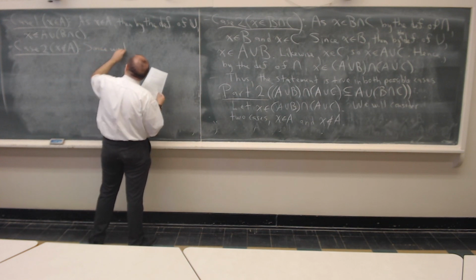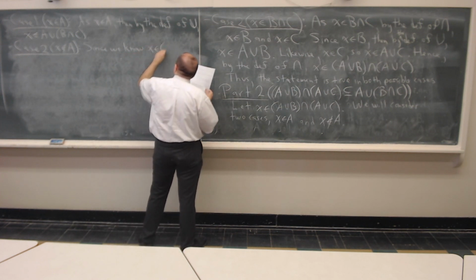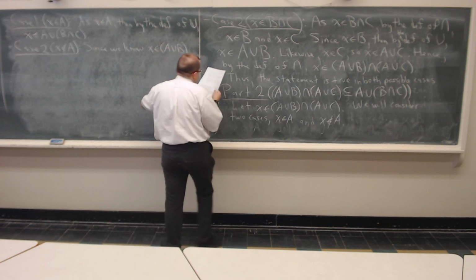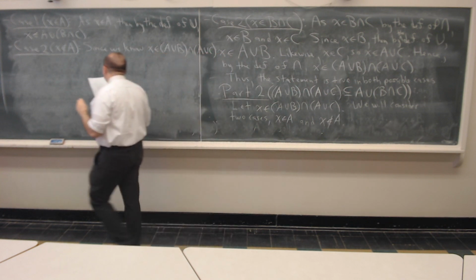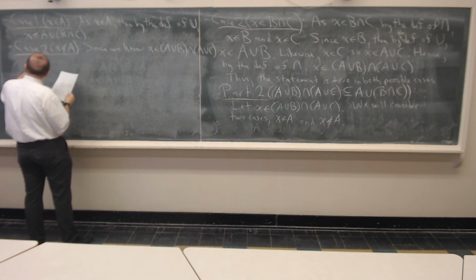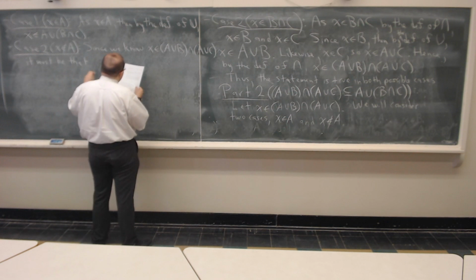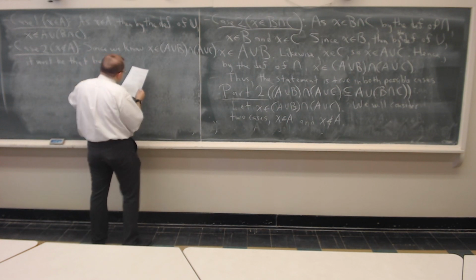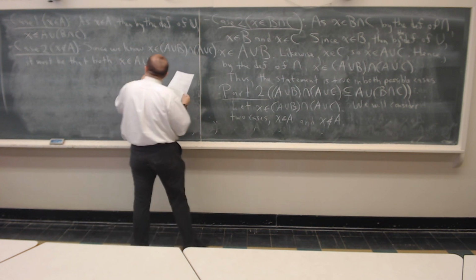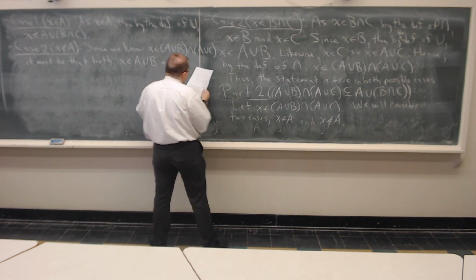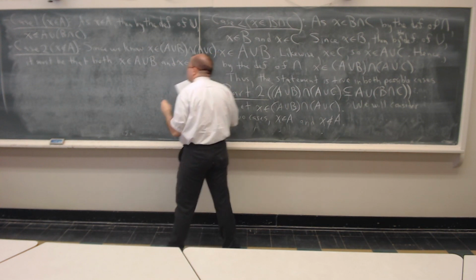Since we know X is in A union B intersection A union C, it must be that both X is in A union B and X is in A union C.